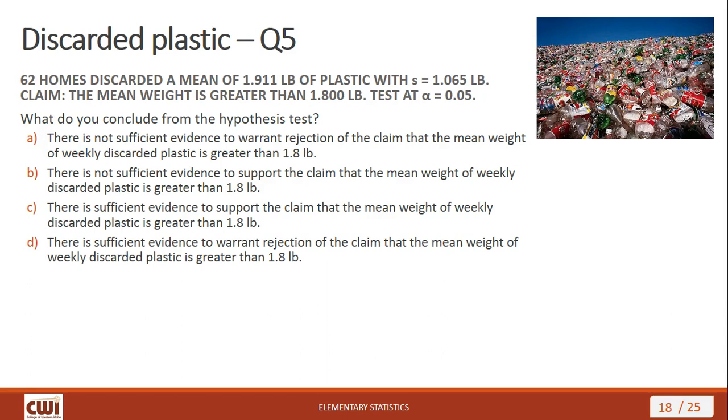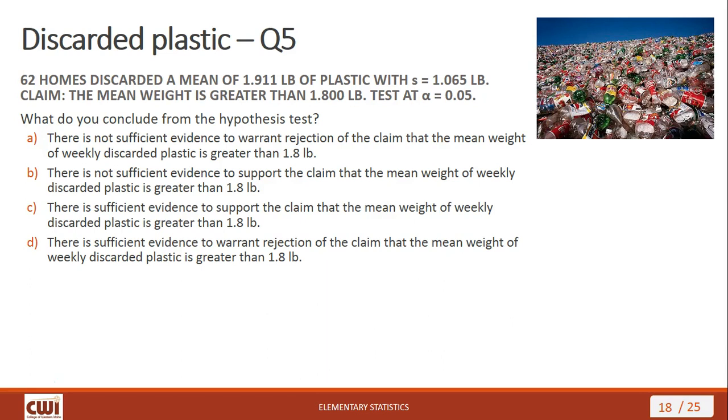If you reject H0, you have sufficient evidence. If you fail to reject H0, you do not have sufficient evidence. We fail to reject H0 in this example. Therefore, the correct answer is going to start off by saying there is not sufficient evidence. So the answer is going to be either A or B. We don't need to look any further at C or D.